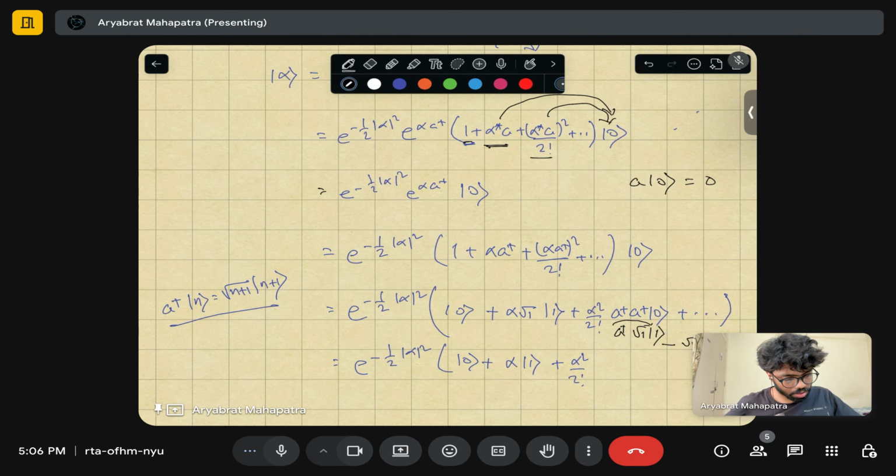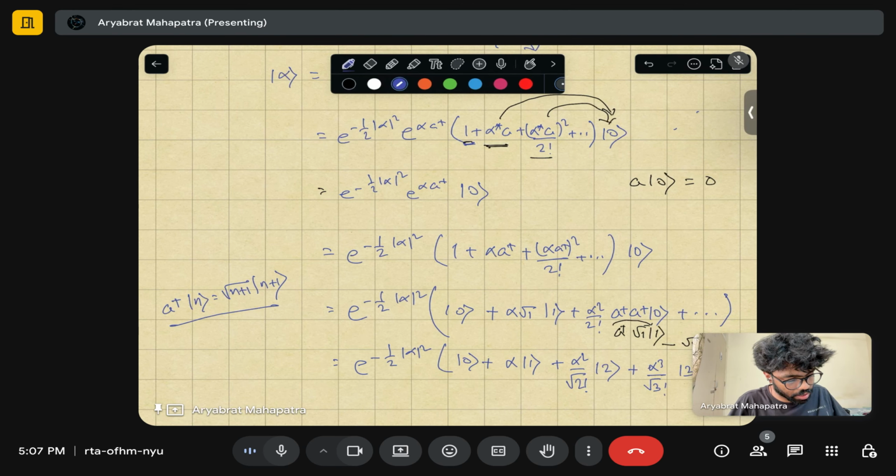So overall, if you rearrange and simplify the factors properly, you can write the second term as alpha squared by 2 factorial, square root of 2 factorial, times 2. The same way, the third term, which I have not shown you, will be alpha a dagger cubed by 3 factorial, something this way.